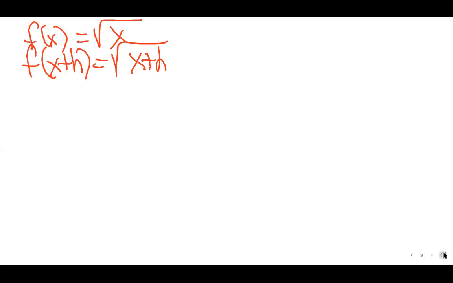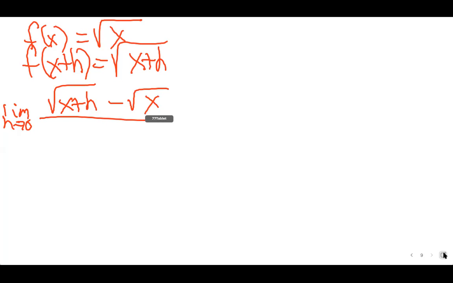So we have the limit of h approaching 0 at f of x plus h, okay, is the square root of x plus h minus the square root of x, which is f of x, all over h.